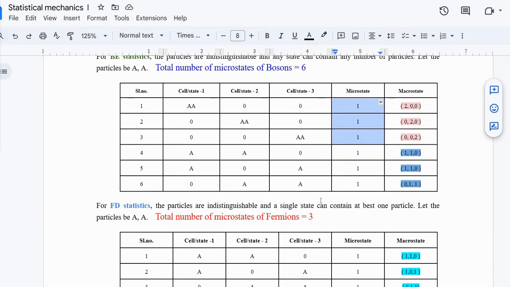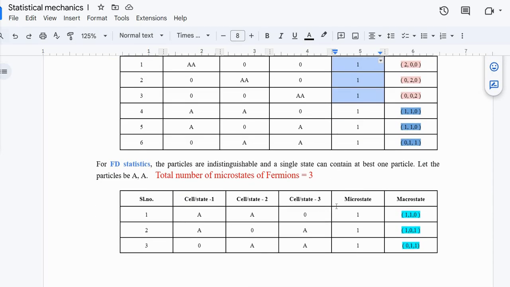The same example is taken for the Fermi-Dirac statistics, where we have 2 particles. They are indistinguishable. Obviously, boson and fermion both are quantum statistics, so the particles are indistinguishable and will be represented by the same notation, A and A. But for the fermion, they must follow Pauli's exclusion principle. The wave function must be antisymmetric in nature.